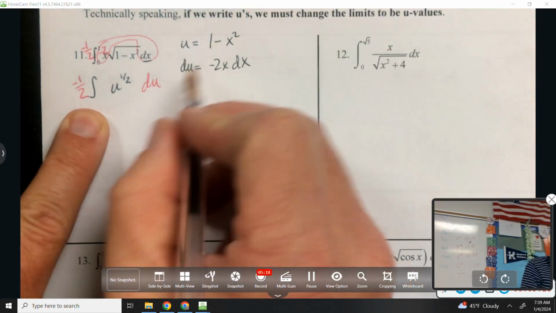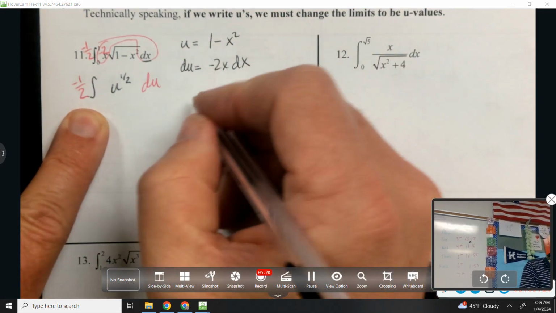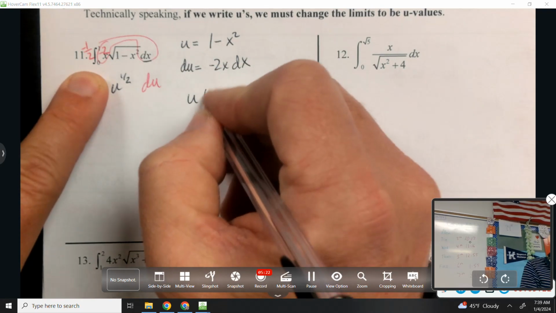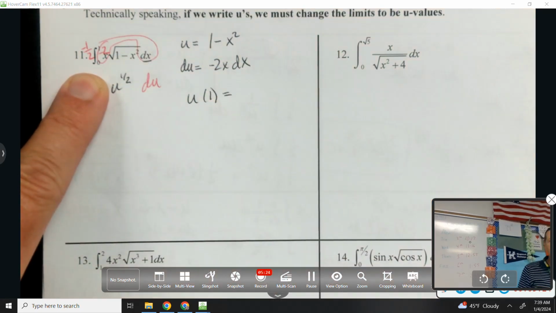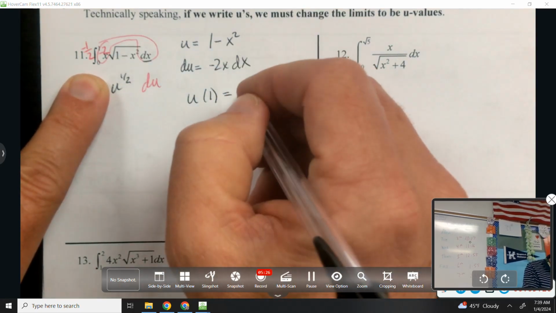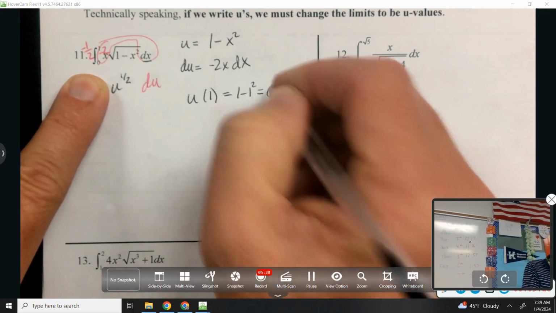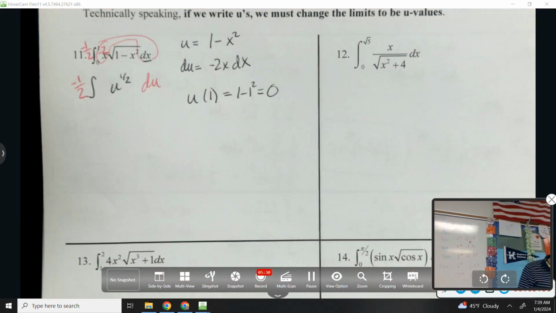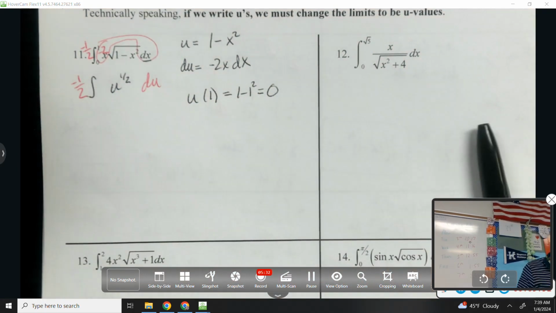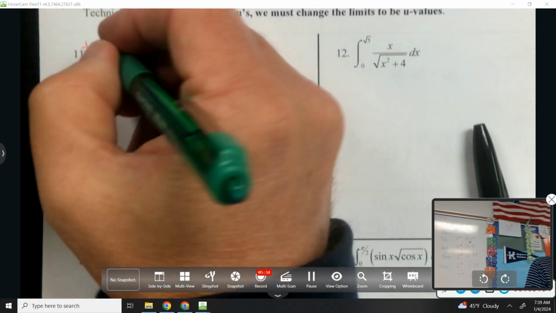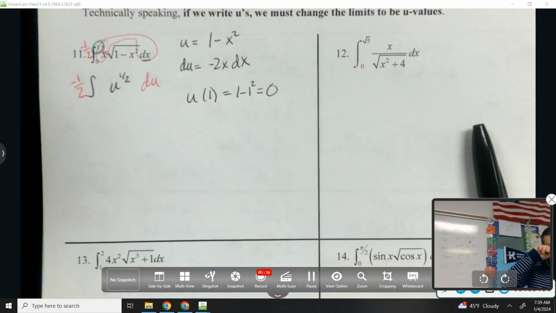Okay, well, we know how to get from x to u. So the top limit is 1. So if I plug in 1 for x, I get 0. So that top limit was a 1, x is 1, but when x is 1, u is 0.